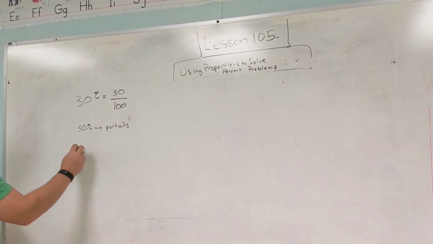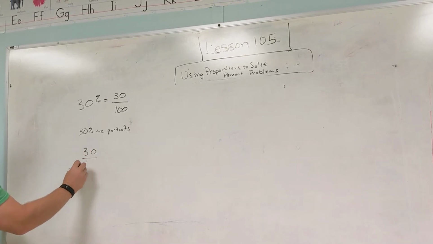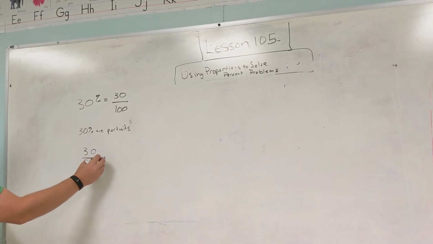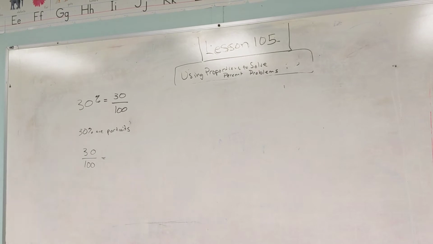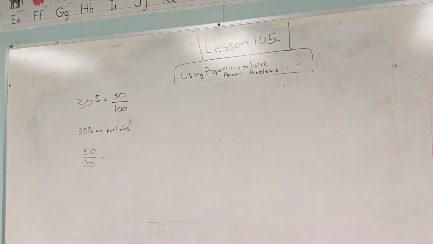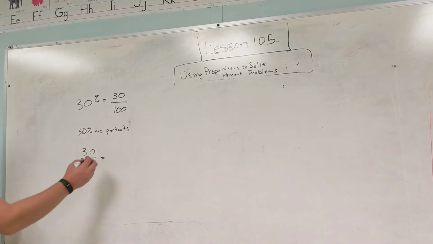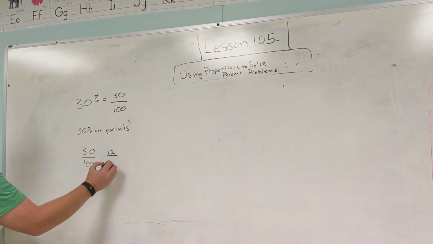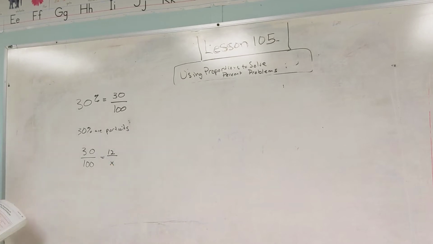We've got 30%, which is 30 over 100. And if you remember from our cross multiplication with ratios, we can also write, if we've got 12 portraits, we're going to figure out how many total paintings that is. And we're just doing the ratio.